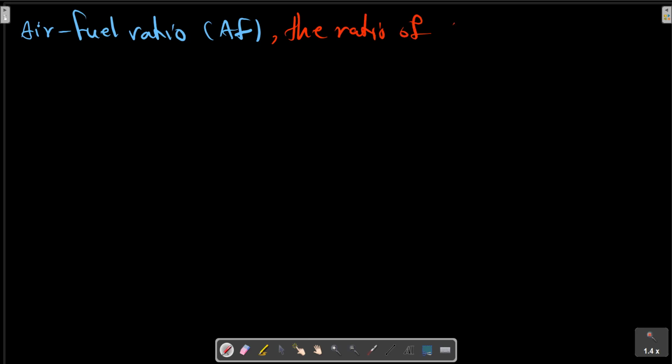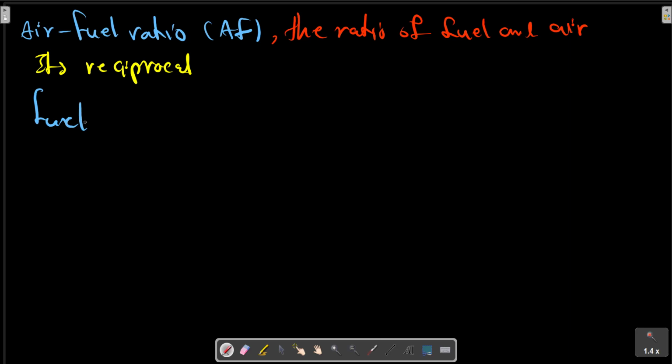air-fuel ratio, AF, the ratio of air and fuel, and its reciprocal, the fuel-air ratio, FA.